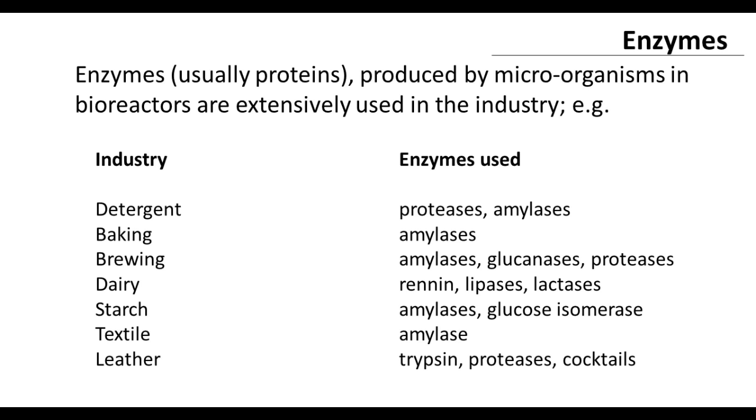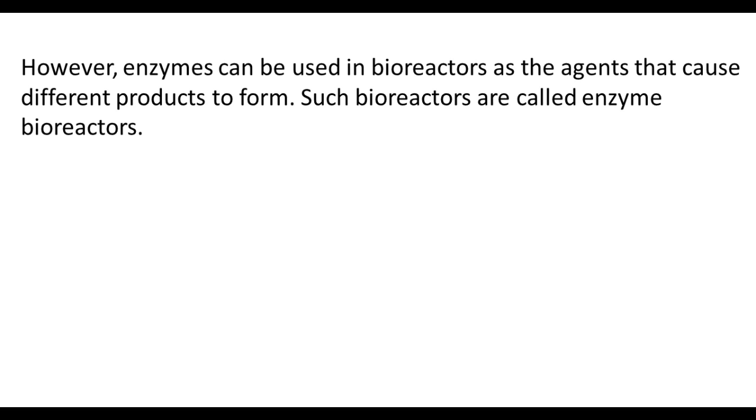Textile industry, amylase. Leather industry, trypsin, proteases, and cocktails of enzymes could be used. Mixtures of enzymes could be used in the leather industry. Pharmaceuticals, trypsin, and those are just examples of the use of enzymes in the industry. As was mentioned previously, enzymes can be used in the bioreactors as the agents that cause different products to form. There is a special name for that bioreactor.